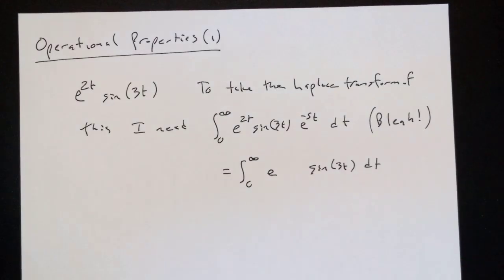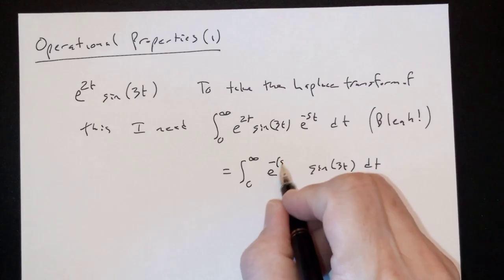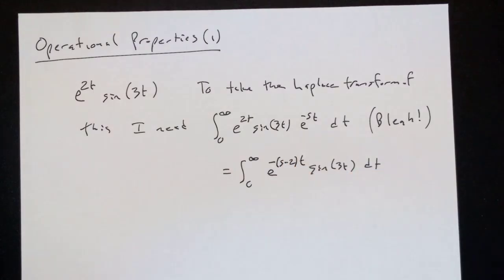Yes, but I'm going to adjust that just a little. I'm going to write it as minus s minus 2t. Because then it still looks like e to the minus st, e to the minus s minus 2t. That's a u sub away from being the regular Laplace transform, isn't it?